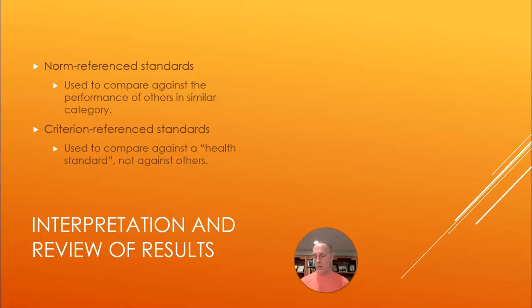You look at these specific criteria and reference standards not as a comparison against others per se, like in a competitive group, but against a standard that's been developed from data that's been received. I will say this, that data had to come from somewhere, and the data came from testing results of other people. So in essence, you're comparing yourself to the norms of other people. Just saying. But that's the big difference between norm reference and criterion reference standards.